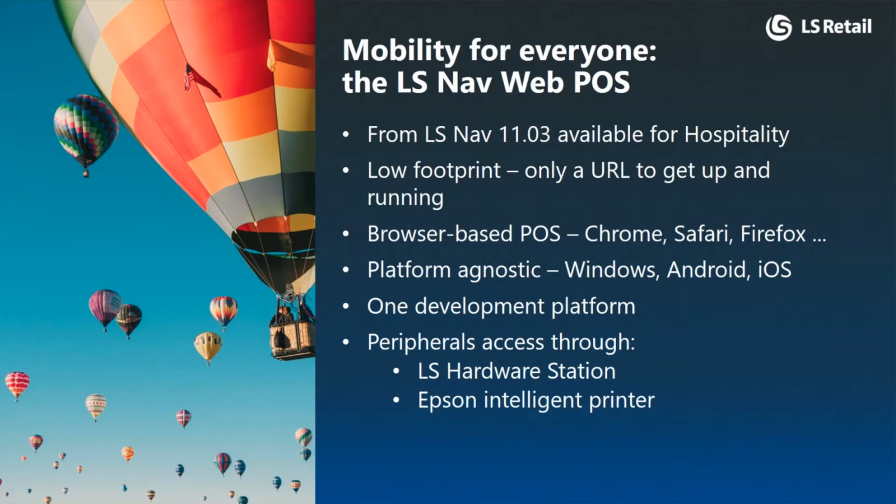This lowers your cost of ownership and simplifies customizations, configuration and setup. And the Web POS can make use of peripherals either through the LS hardware station or the Epson intelligent printer, offering you multiple ways to connect to your peripherals in your restaurant.